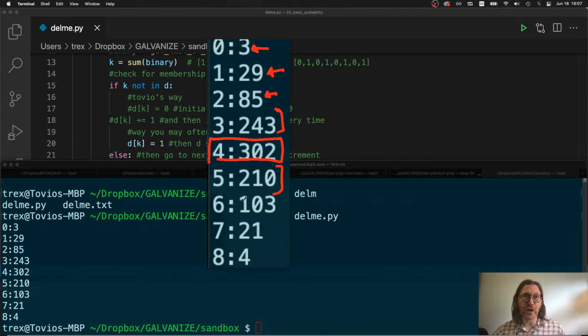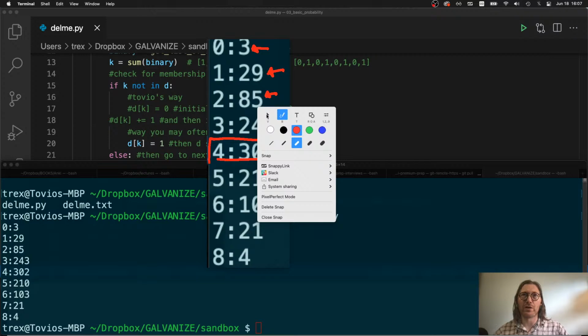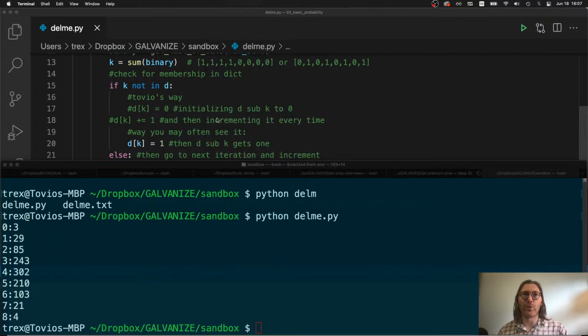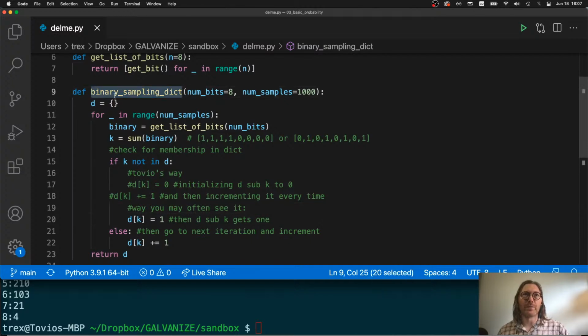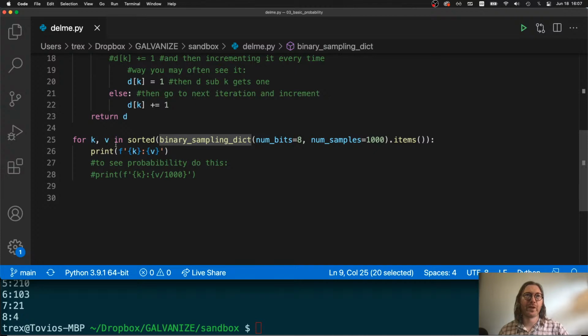Something that we could do, and if you're in the premium prep classes, or if you've taken premium prep before, you've probably heard me describe this process: we could sample the binary sampling dictionary another 100 times or another 1,000 times. We could construct that binary sampling dictionary however many times, and average the values associated with each key.